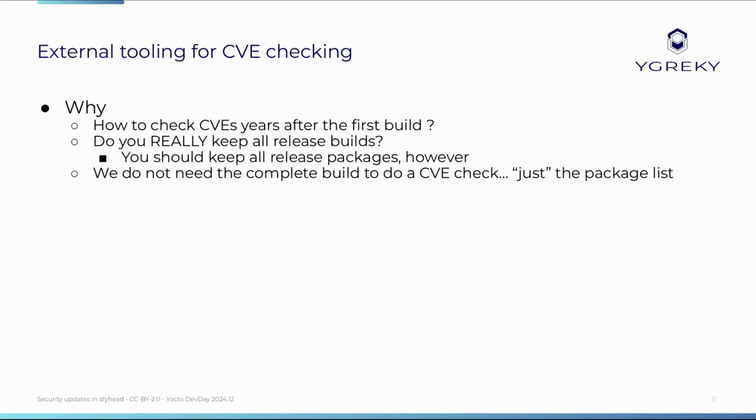Probably. And then how are you going to check for CVEs a year or 2 or 3 or 5 years after the first build? You absolutely do not want to keep the complete artifacts of that build, right?